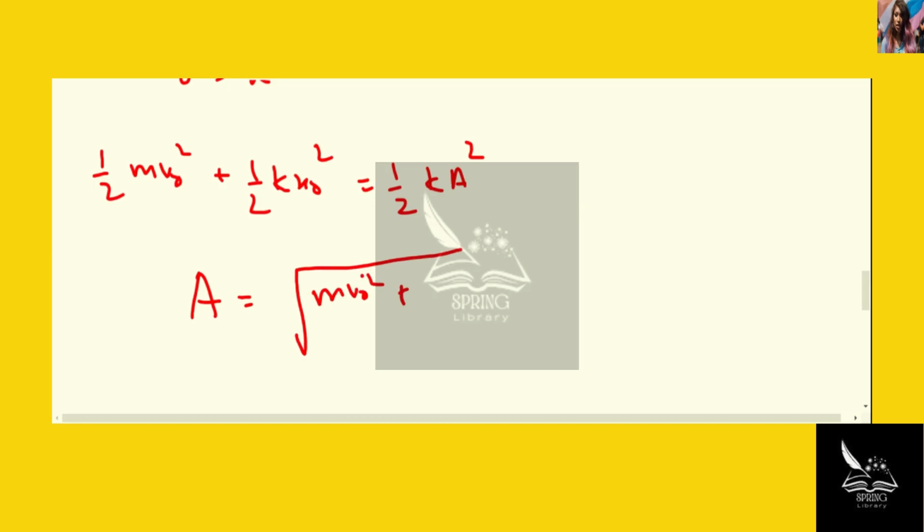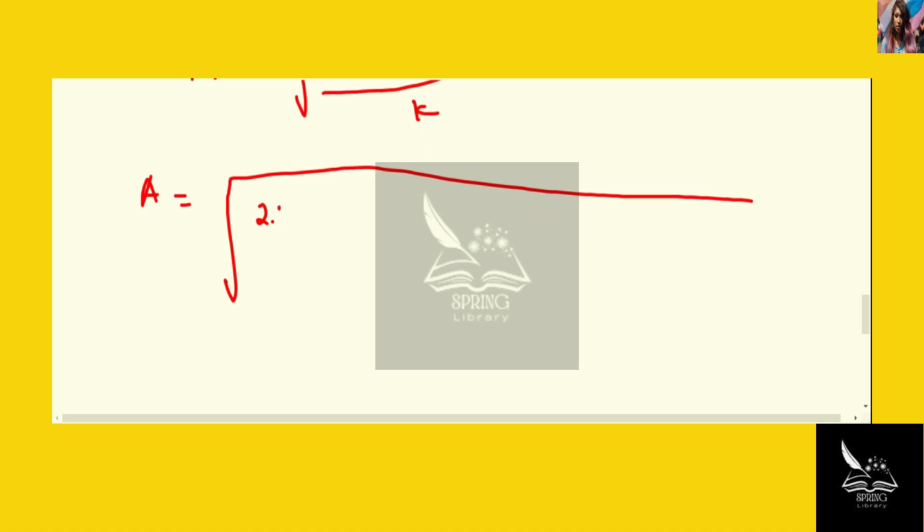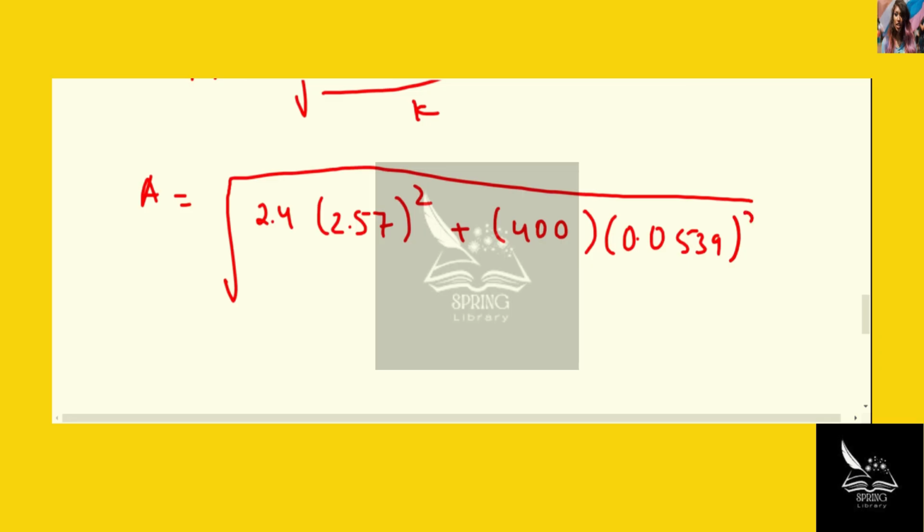A equals root of m v0 squared plus k x0 squared, upon k. Putting the values of all the variables that we have, A will be equal to root of 2.4 into 2.57 meter per second, the whole squared, plus 400 Newton per meter into 0.0539 meter, the whole squared, upon this k, that is 400.